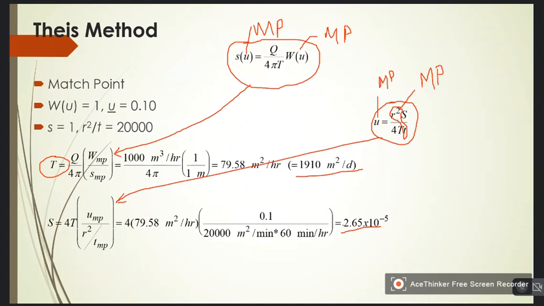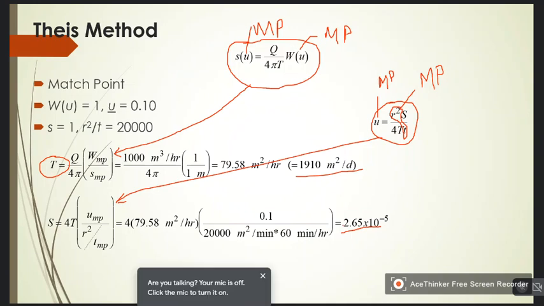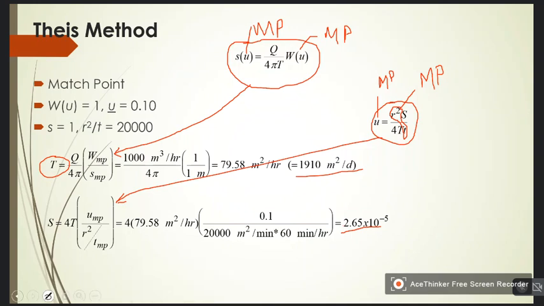Alternatively, you can also directly measure the drawdown. It doesn't matter. We ultimately want drawdown only. It is always easier to measure the drawdown because you can use some device and find out the water level. That is how we generate the data. Then follow the procedure. Is it clear? I will proceed to the next one.